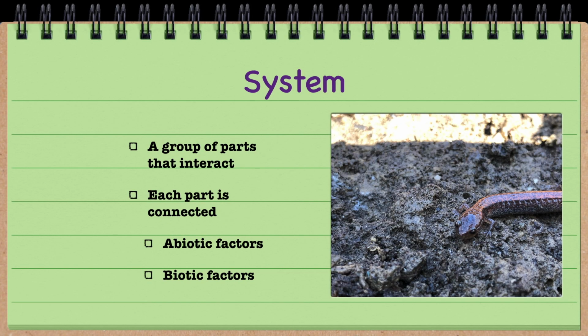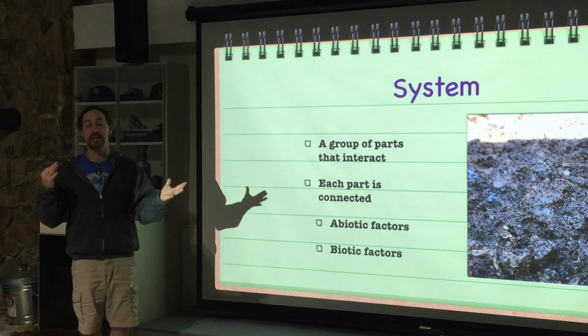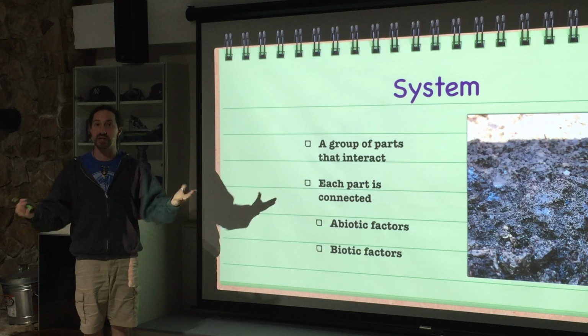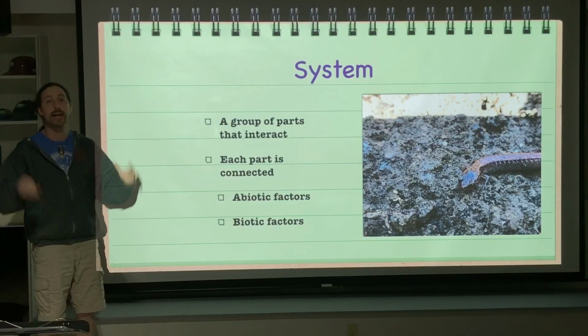So this particular salamander's ecosystem is different than another type of salamander's ecosystem that would require reproduction in either a pond, river, lake, stream, creek, whatever. So that is something to be considering when we're looking at the ecosystems for our organisms.